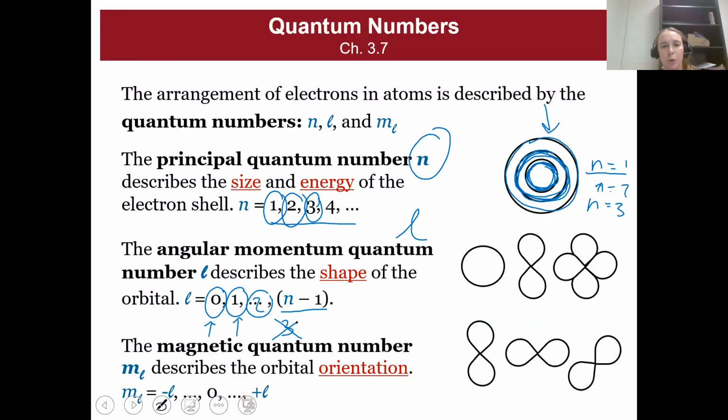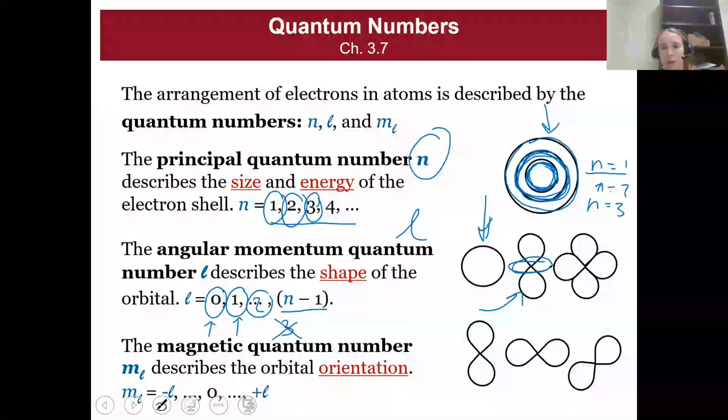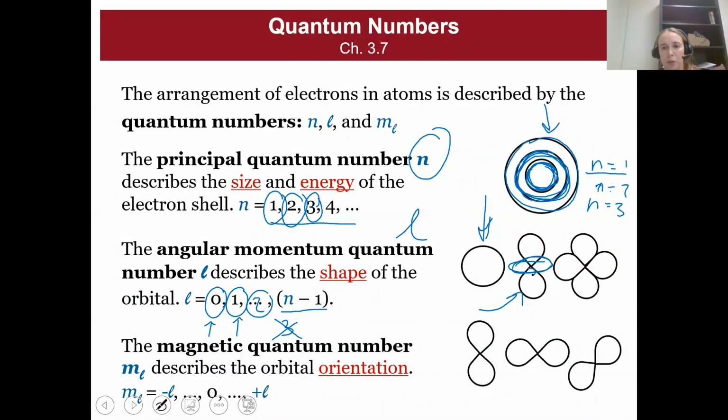And this angular momentum quantum number L describes the shape of the orbital. Sometimes we'll have these spherical orbitals like we saw on the previous slide with our probability distribution, but sometimes the probability distribution gets a little weird. There are certain areas where you'll never ever find the electron, like this node right here in the middle, and all this space over here and over here. You're only going to find the electron in these lobes for this value of L. L is just going to tell us where it's most likely to find the electron.